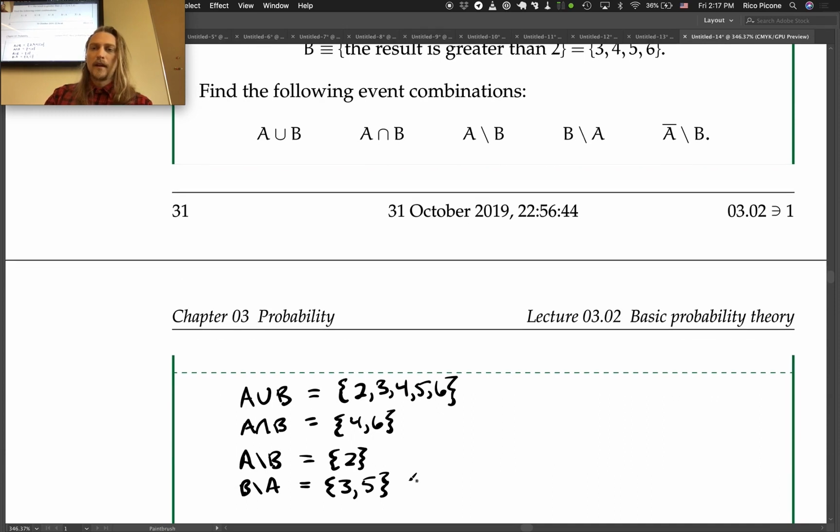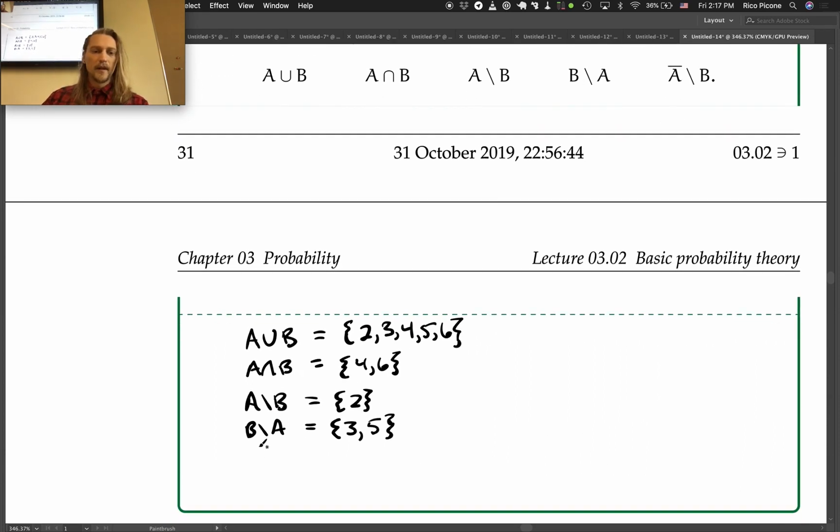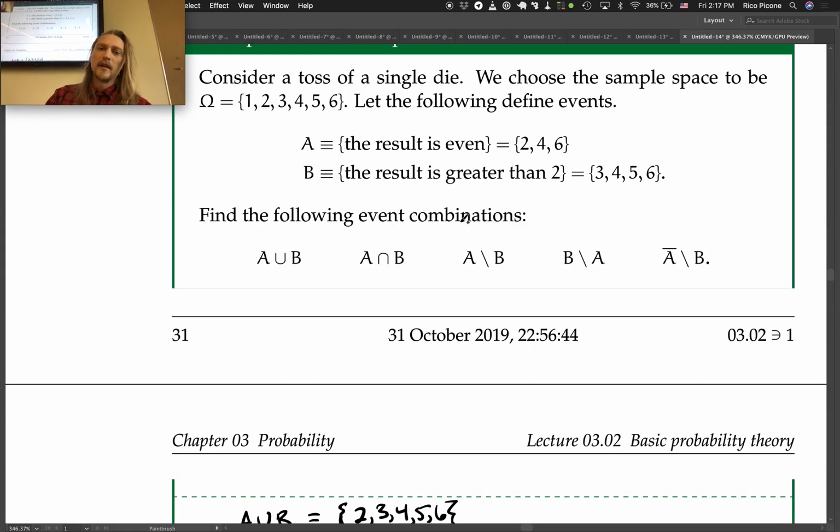And we have A complement minus B. A complement is going to be the odd ones, 1, 3, 5.